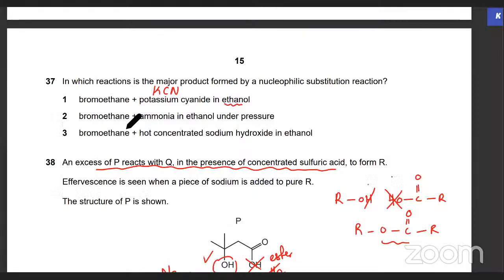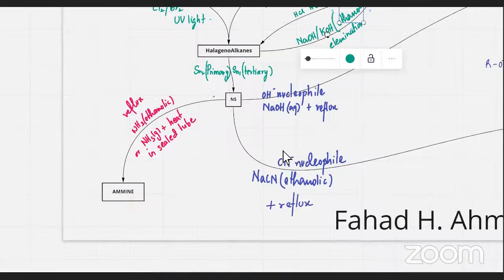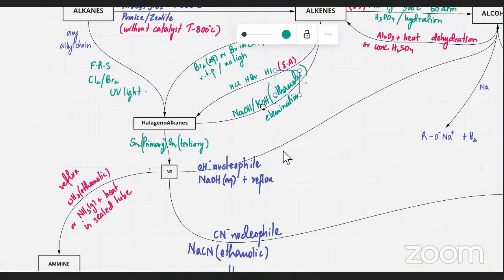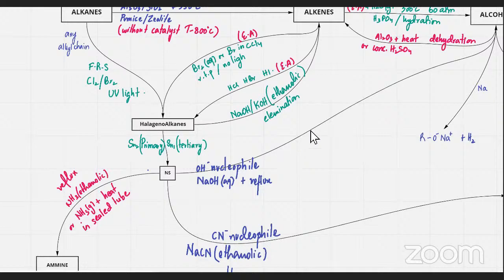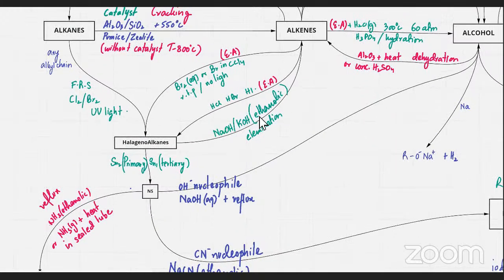The first two are nucleophilic substitution. The last one is not. You have a halogenoalkane. If you react the halogenoalkane with NaOH ethanolic, and it's concentrated as well, so it's concentrated NaOH, but it's ethanolic, then that would not lead to nucleophilic substitution.